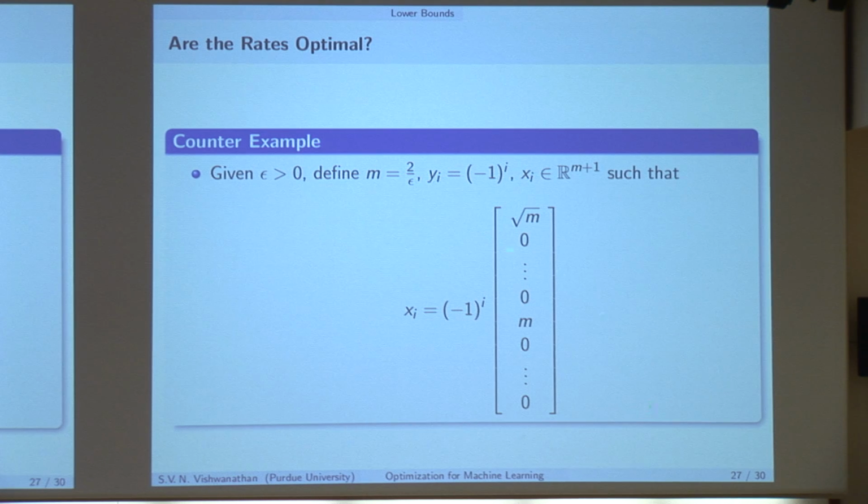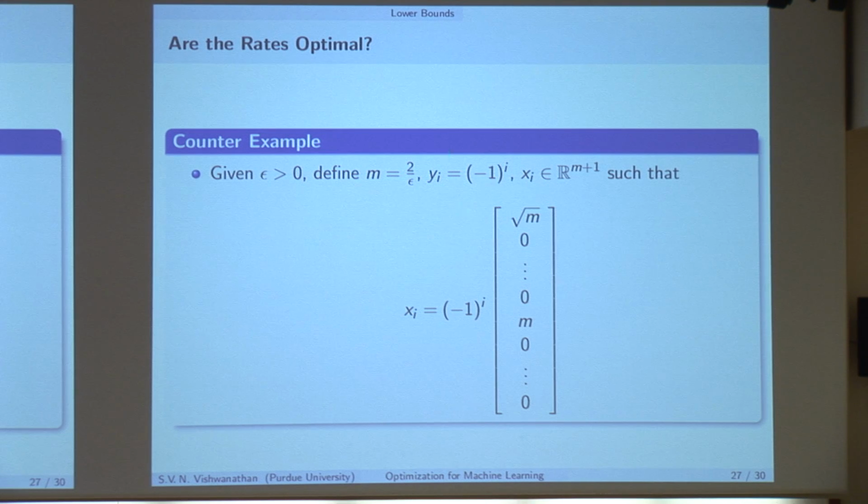So what you do is you cook up this binary classification problem. First of all, you come up with the dimension, which depends on the epsilon that you need. So you say, okay, if I want to get a certain epsilon precision for my lower bound, then my dimension must depend on epsilon. Okay. Then you have data points. Every odd point is labeled -1 and every even point is labeled +1.